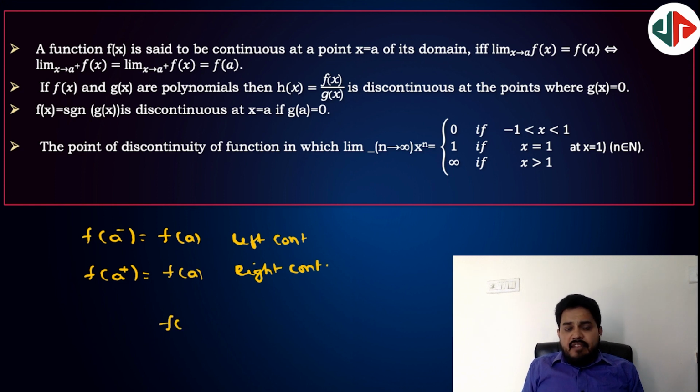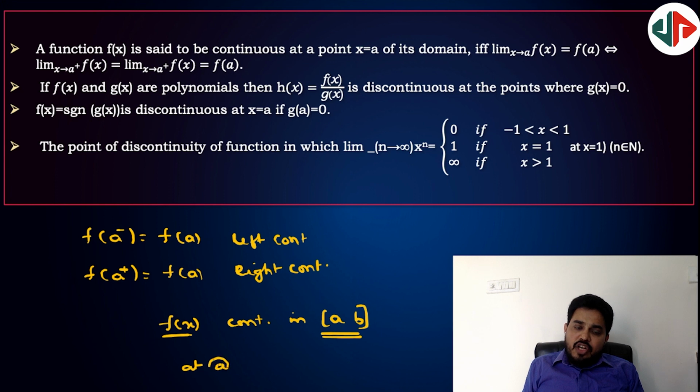Now, if anyone is saying f of x is continuous, continuity is always discussed in the open interval A to B. So at A, we need to talk about only right continuity, and at B, we need to talk about only left continuity.